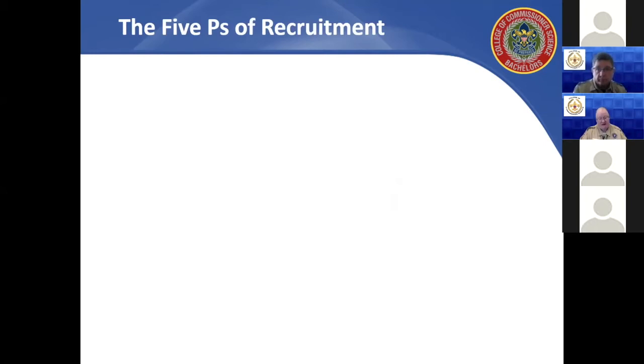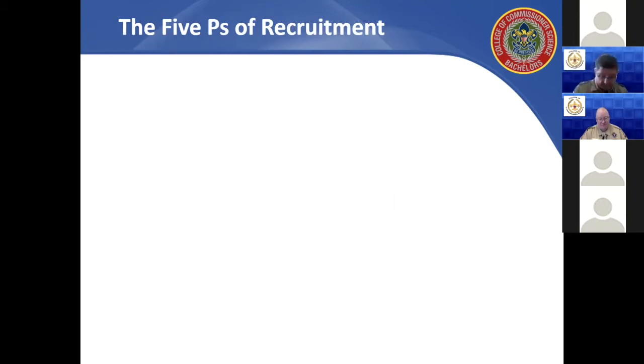Let's talk about the 5 P's of recruitment. As we've talked before, in my experience, there's no district in all of the BSA, at least that I am aware of, that is not in need of more commissioners. And since we need to be doing that year round, we need to be constantly looking for more candidates.